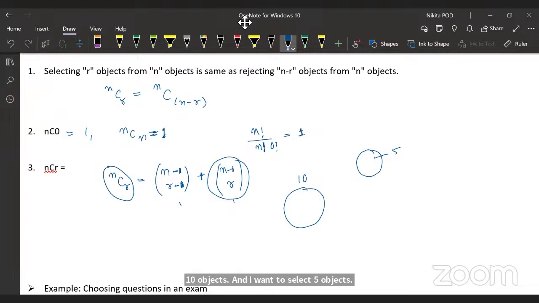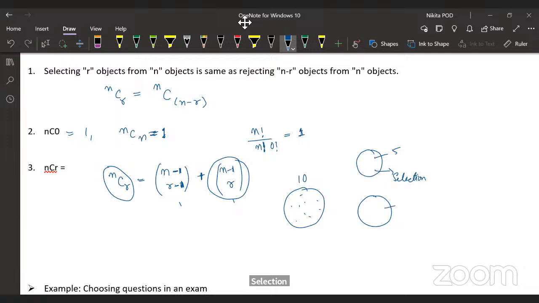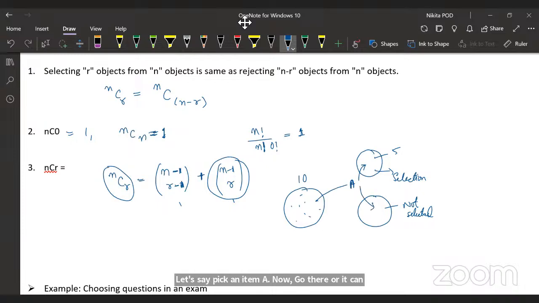Any item that I pick from this set: let's say this is the selection set, and this is not selected. Let's say I pick an item A. Now either it can go there or it can come here.